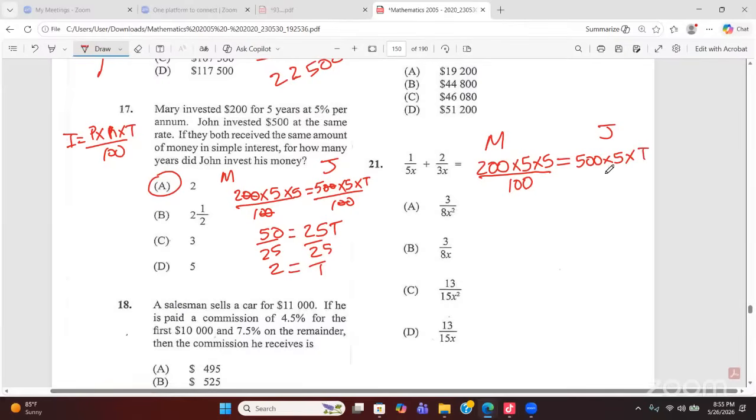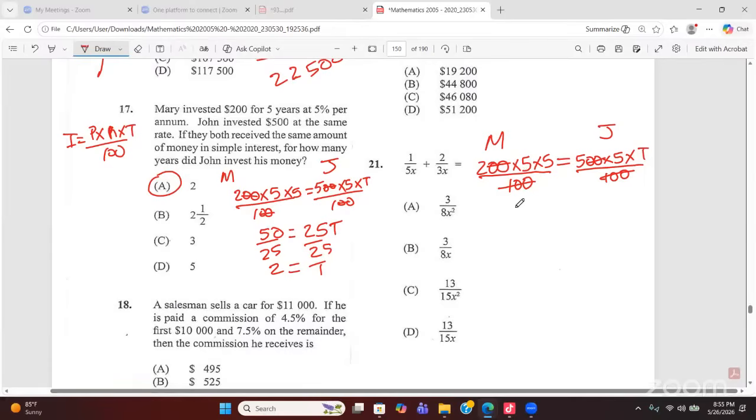But you always have to divide this by 100 because it's interest. You're matching their interests together. If you divide 100 into 200, you get 2. If you divide 100 into 500, you get 5. On my left side where Mary is, you get 2 times 5 times 5.